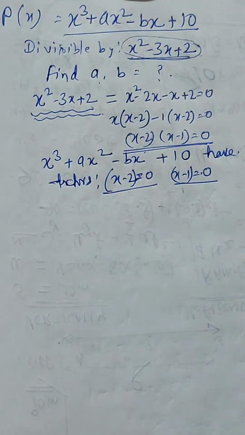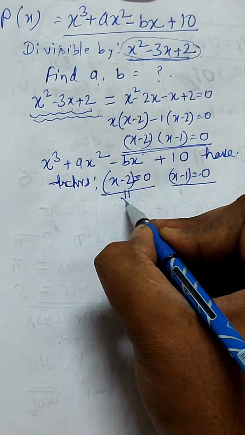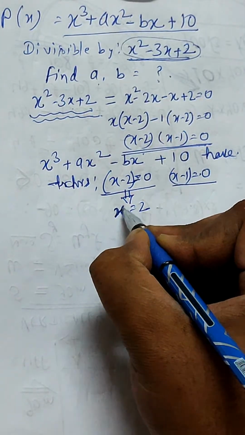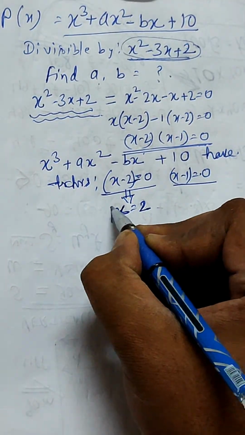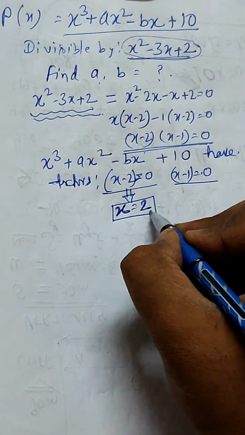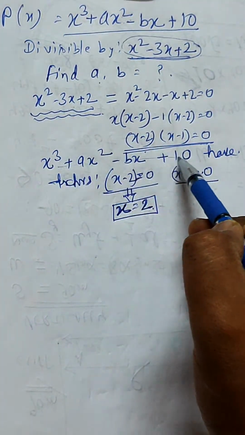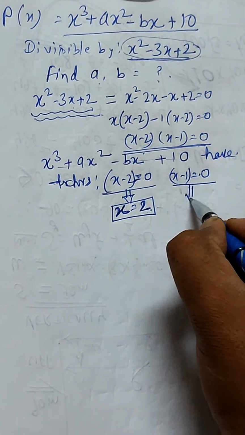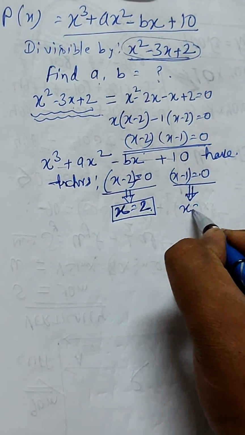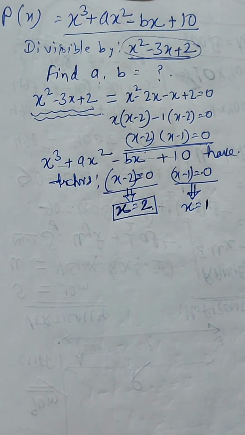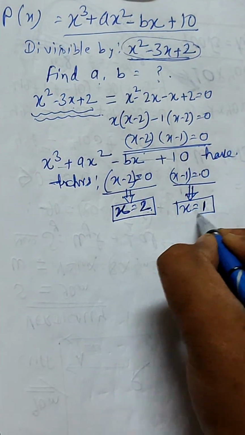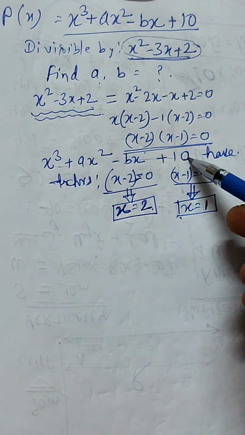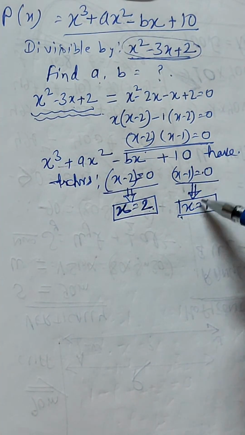From here we get the value of x as 2. This is the factor which will bring the value of the polynomial to 0, right? And the second one, x minus 1, will give you the value of x as 1, right? So x equal to 1 will bring the value of the polynomial to 0 because it's a factor, right?